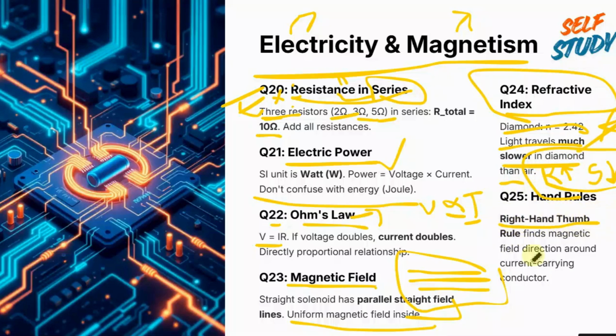Hand rule, right hand thumb rule. There are two hand rules, the right hand thumb rule and Fleming's left hand rule, and the most important among the two is the right hand thumb rule, the easiest one.